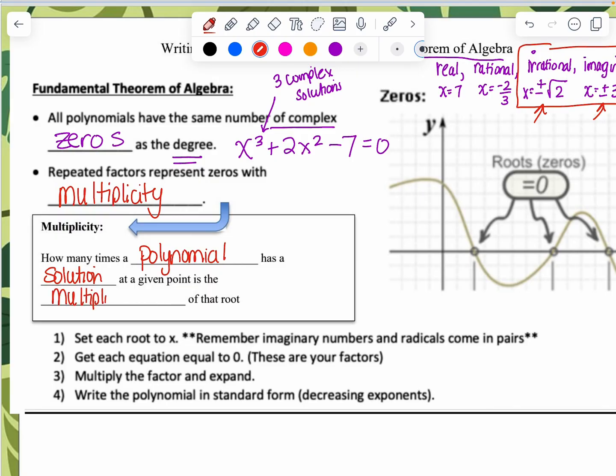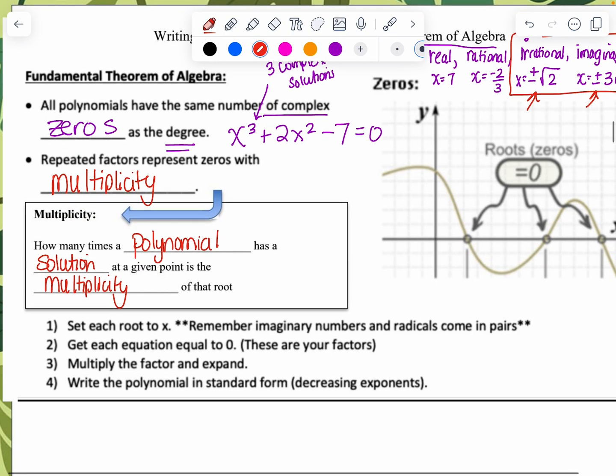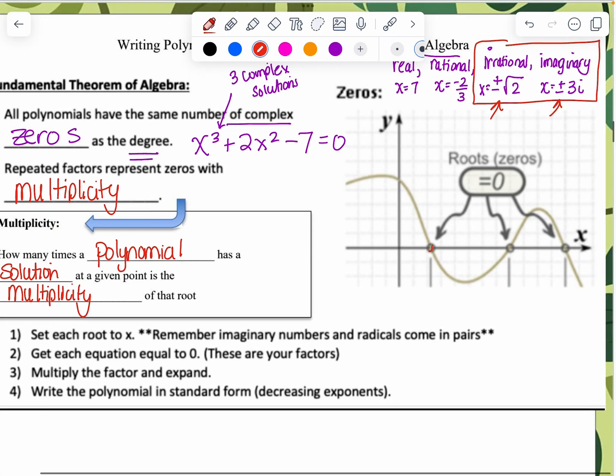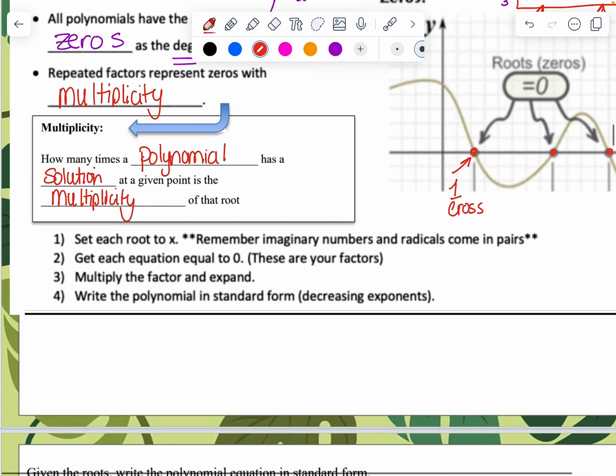We will talk about it a little bit more when we get to graphing, writing polynomials with graphs. But just really quickly, if I look at this graph over here, this graph crosses the x-axis 3 times. Each one of the times that it crosses the x-axis, that's just a multiplicity of 1. It's called a cross. So we'll talk about other multiplicities as we move on.